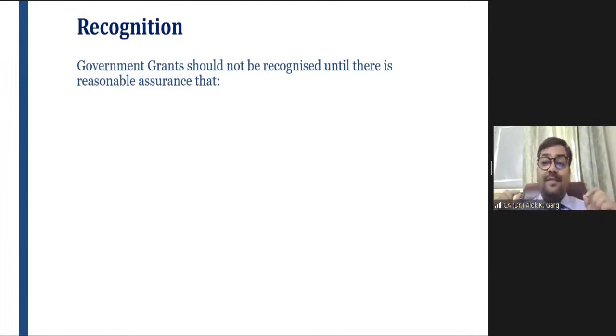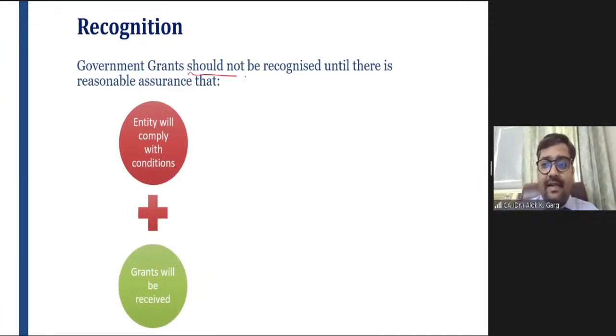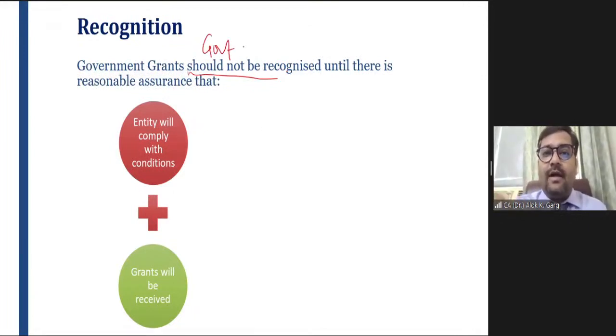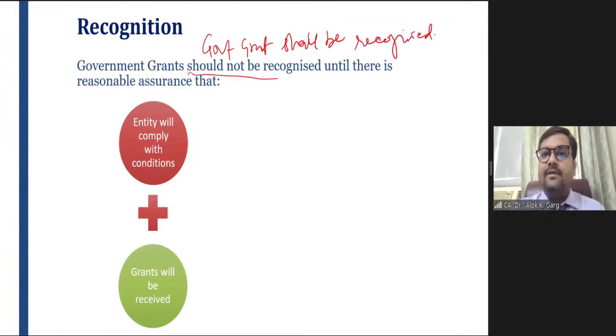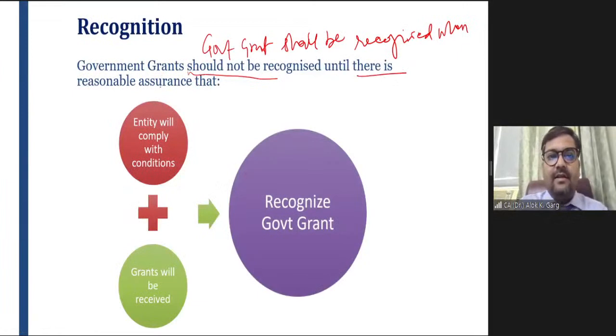Am I right? So the standard says that a government grant should not be recognized until there is reasonable assurance that the entity will comply with the conditions and the grant will be received. Guys, please see, this recognition condition is negatively framed. I don't know why the standard framed these kinds of sentences. They can say that a government grant shall be recognized when there is a reasonable assurance.